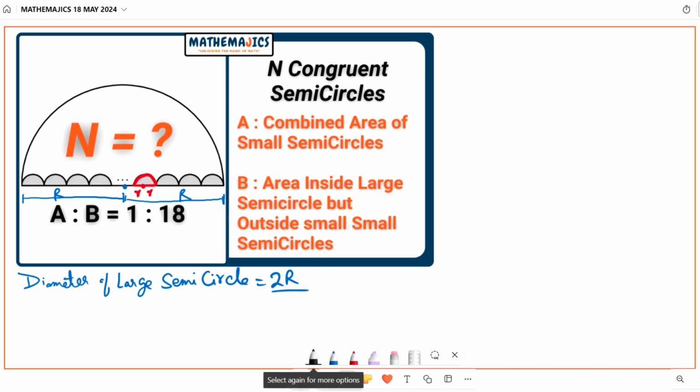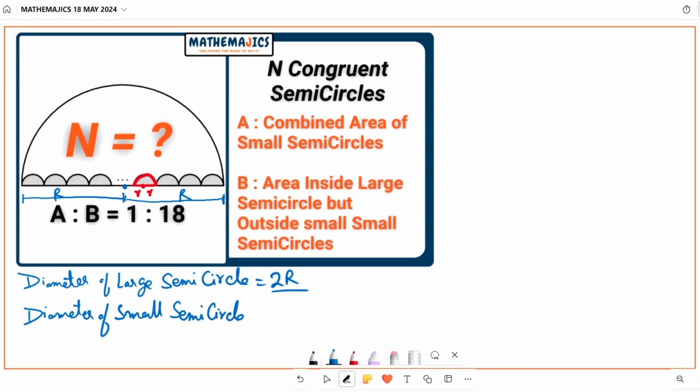That will be 2R. Now, let us look at the diameter of small semicircles. That is 2r.